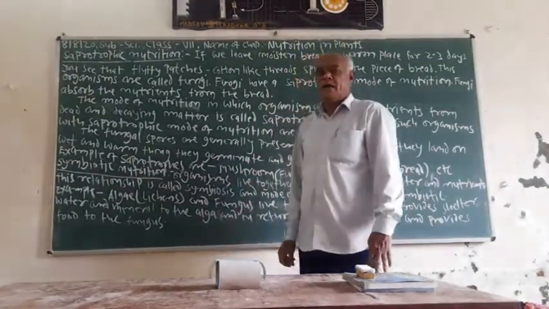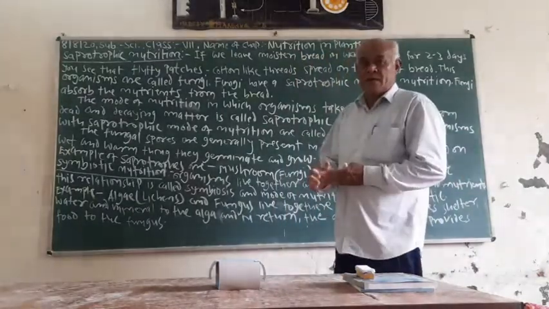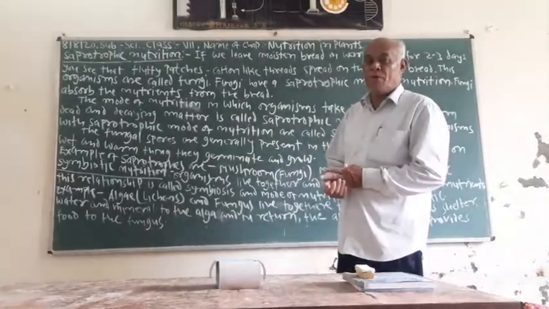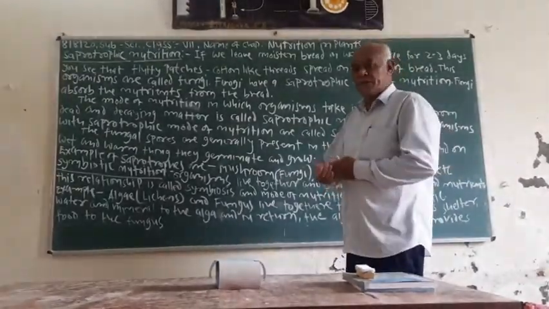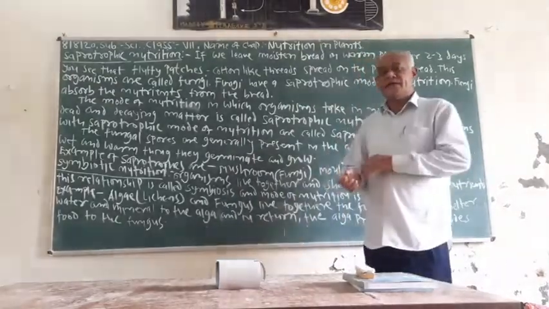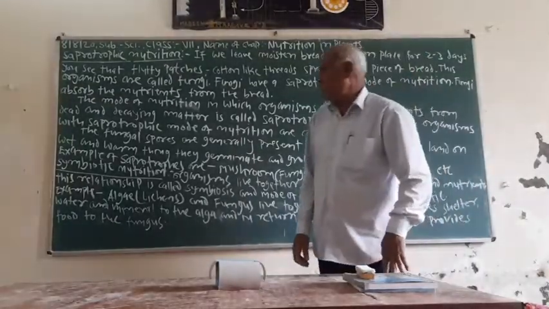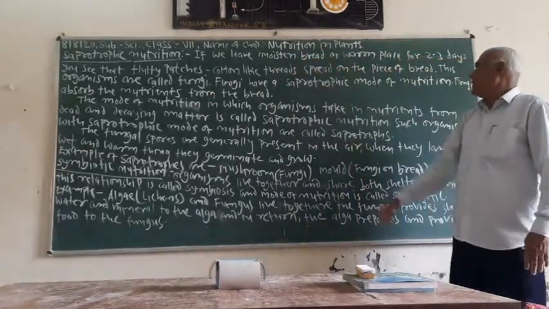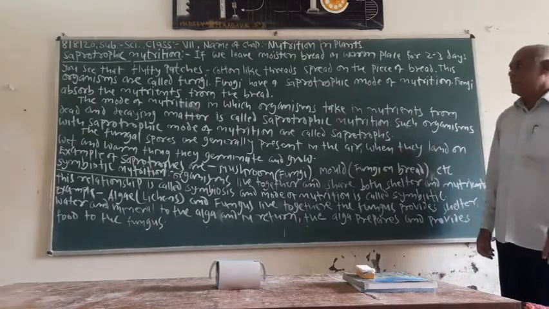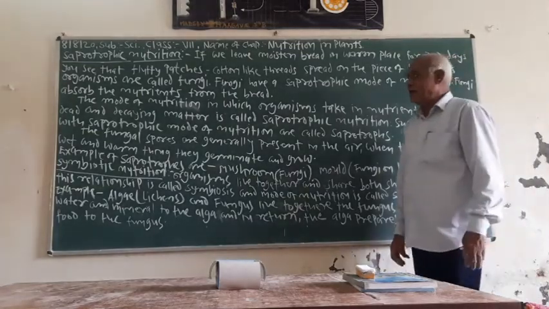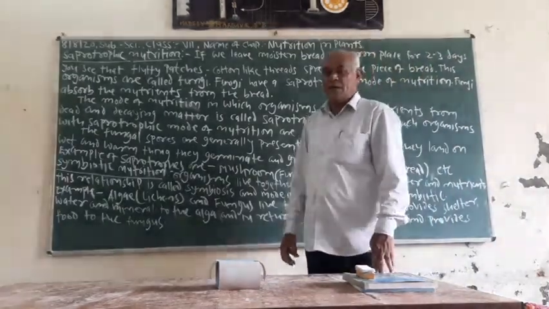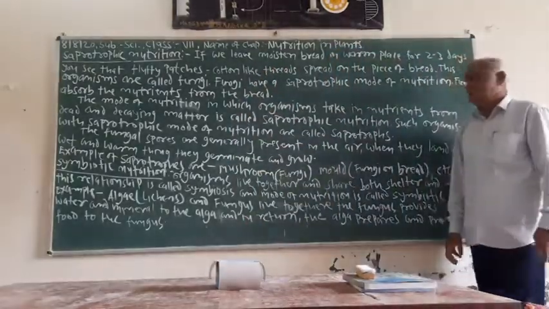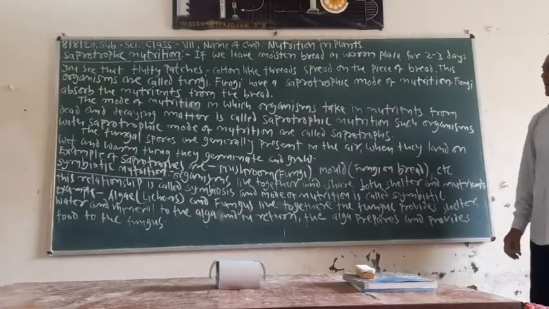These fungi take their nutrients from the piece of moist bread. This moistened bread is dead and decaying matter. So, if we leave moistened bread in one place for 2 to 3 days, you see that fluffy patches or cotton-like threads spread on the piece of bread.